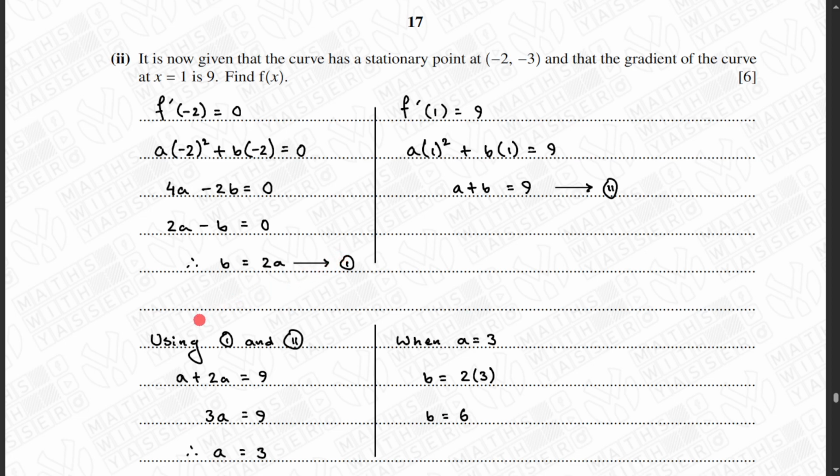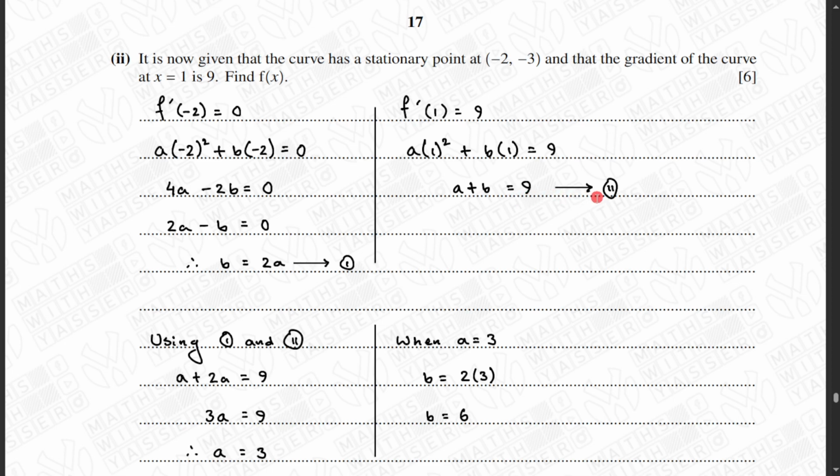We can also see that the gradient will be 9 when x is 1. That means f prime of 1 will give you 9. Again, we substitute x equals 1 into this equation and we get a(1) squared plus b times 1 equals 9. Therefore, a plus b equals 9.